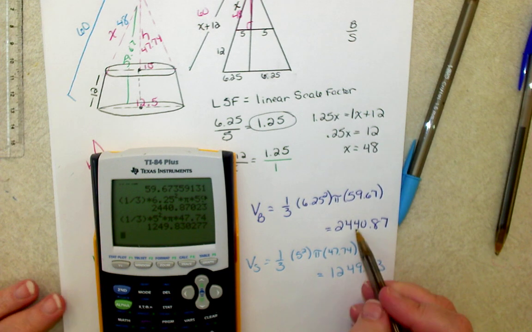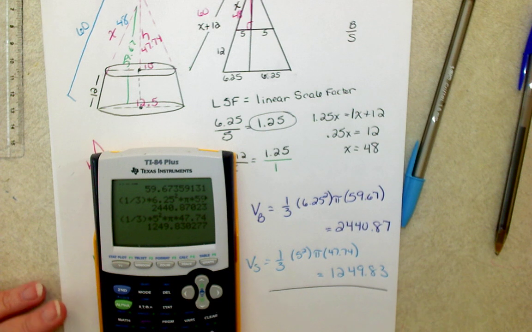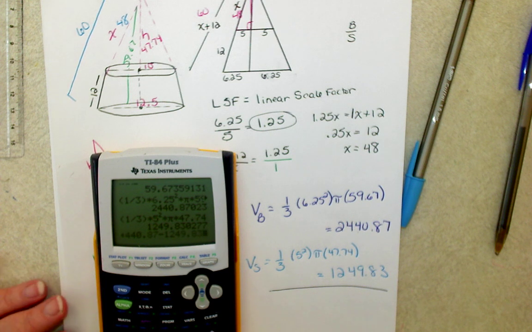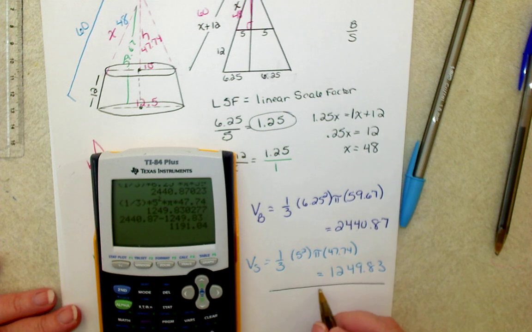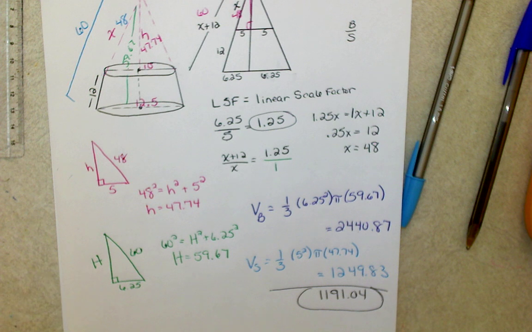Finally, we're going to subtract these two values, the volume of the big one minus the volume of the small one. So 2440.87 minus 1249.83 gives us 1191.04. So the volume of the frustum is 1191.04.